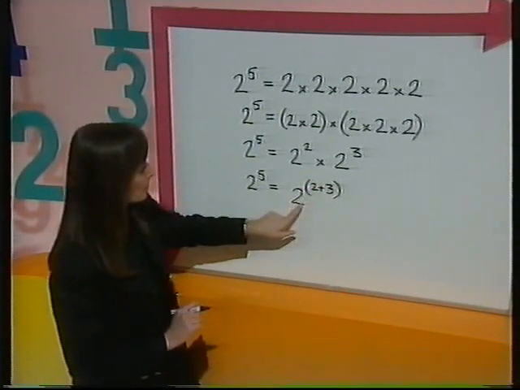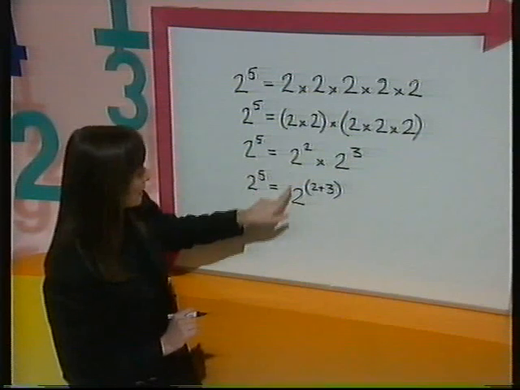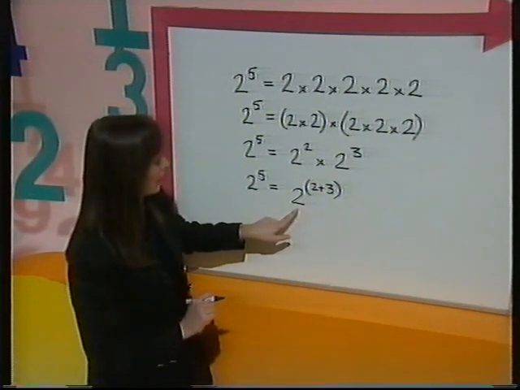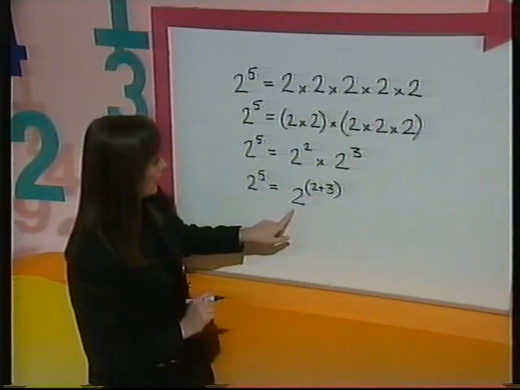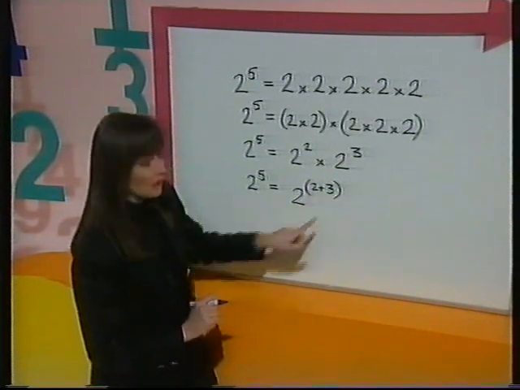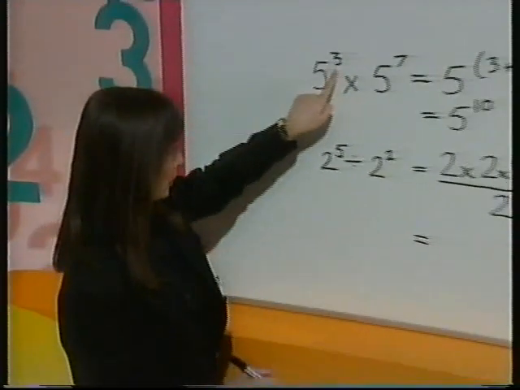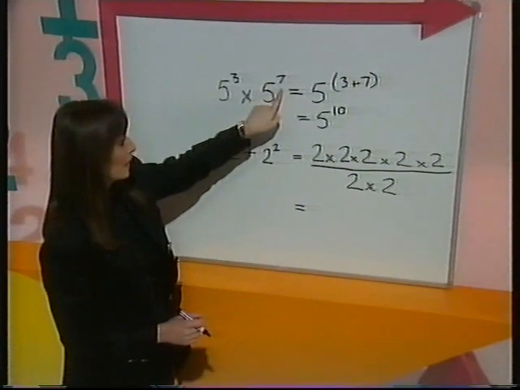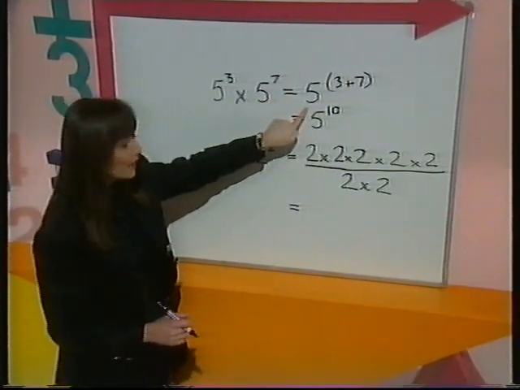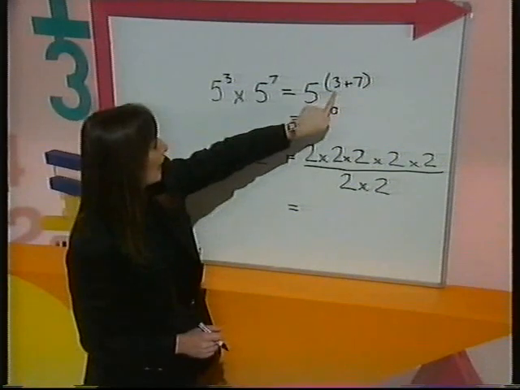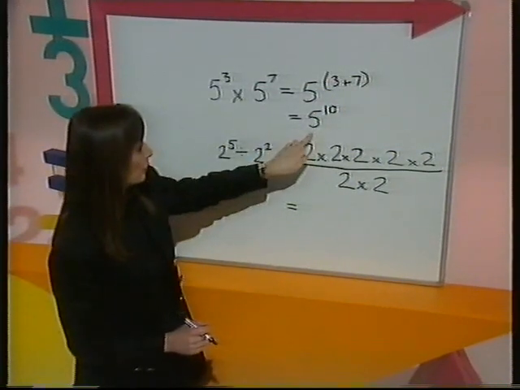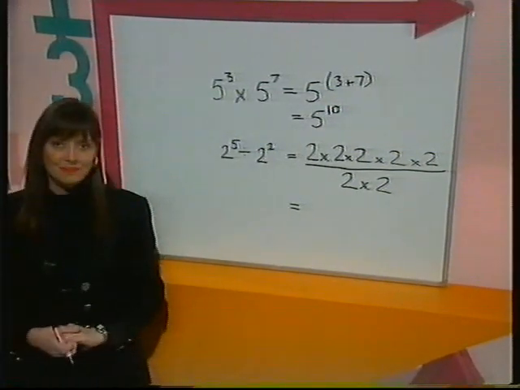So if you want to multiply two numbers together, as long as the base number is the same, in this case the 2, then you just add the indices. In exactly the same way, 5 to the power 3 multiplied by 5 to the power 7 equals 5, and you're adding the indices, to the power 3 plus 7, which equals 5 to the power 10.